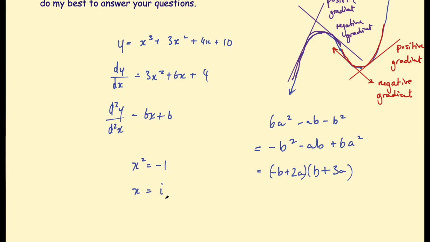A complex number is, well, every number is a complex number actually. So 5, you could say, is 5 plus 0i. So every number has a real part to it and an imaginary part. And this can actually be visualized on a set of axes.